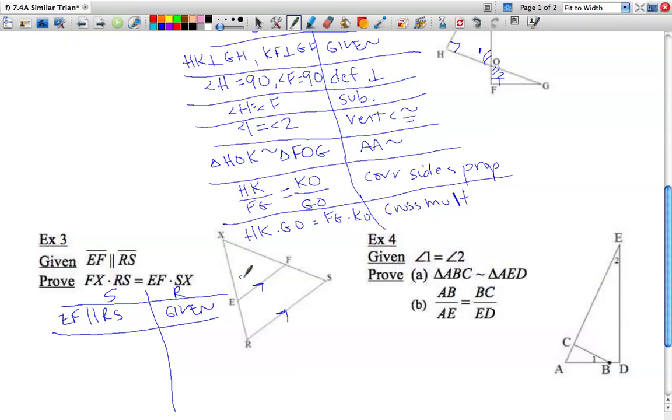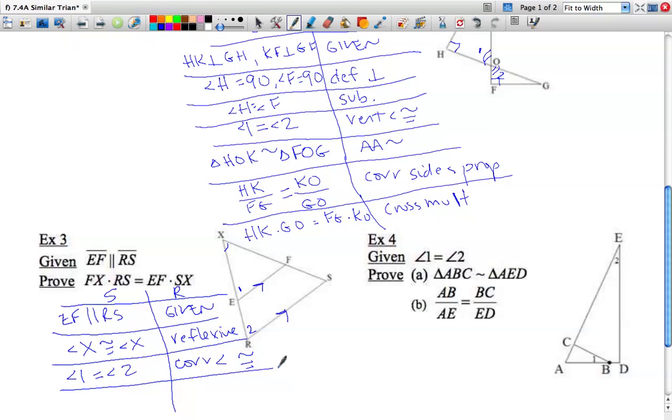And again, maybe it's easier to put a little angle 1 and angle 2 here. Well, we know that angle X is congruent to angle X by reflexive. So now we have one angle in the little triangle congruent to one angle in the big triangle, and angle 1 equals angle 2 because, what is it? Corresponding angles congruent if lines are parallel.